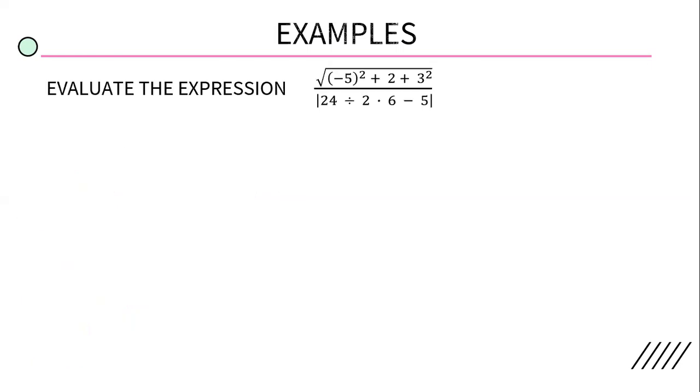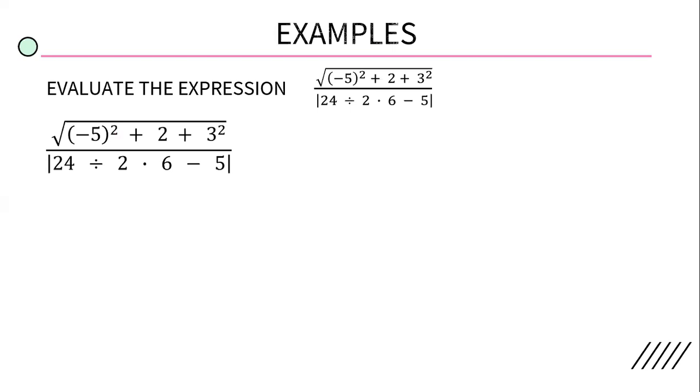Evaluate. We have the square root of negative 5 all squared plus 2 plus 3 squared over the absolute value of 24 divided by 2 times 6 minus 5. So we have the square root symbol. Negative 5 squared.